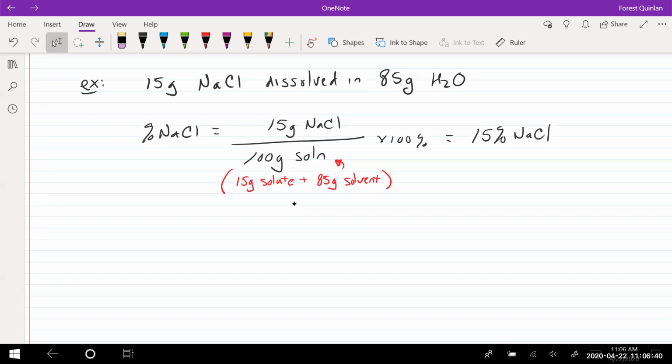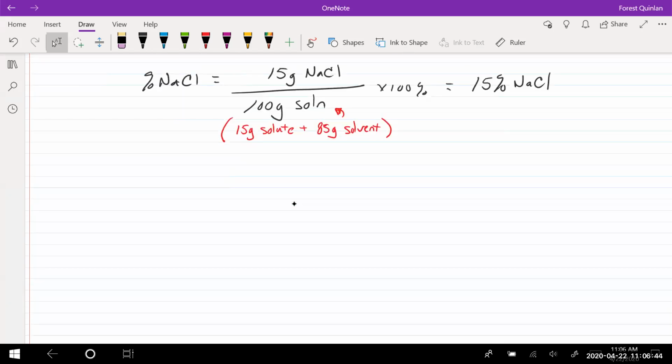While I was there, I actually grabbed a bottle of one of their saline drip solutions. And I was like, I'm going to use this as one of my examples. So how much salt is in 500 mils?